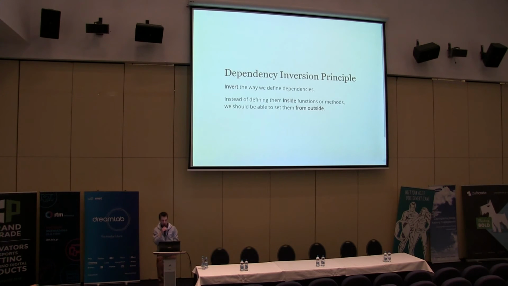And here's a SOLID principle which tells us how to solve this problem. The dependency inversion principle inverts the way we define dependencies. It says that instead of defining them inside functions or methods, we should be able to set them from outside.